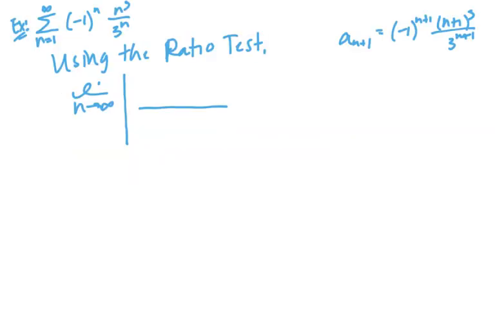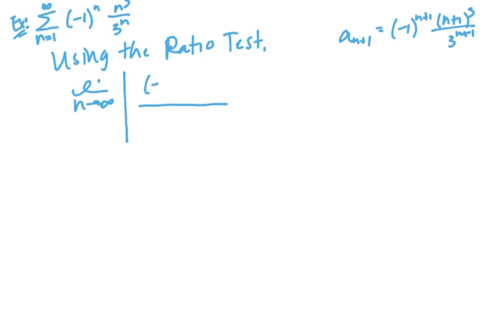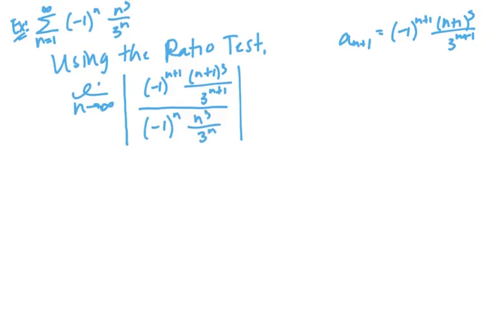So a n plus 1 means we have negative 1 to the n plus 1, n plus 1 to the third over 3 to the n plus 1. And in the denominator, we have negative 1 to the n, n to the third, 3 to the n. Now, that's an interesting problem. Look at this crazy complex fraction. But remember, complex fraction means keep, change, flip. You're dividing by a fraction.